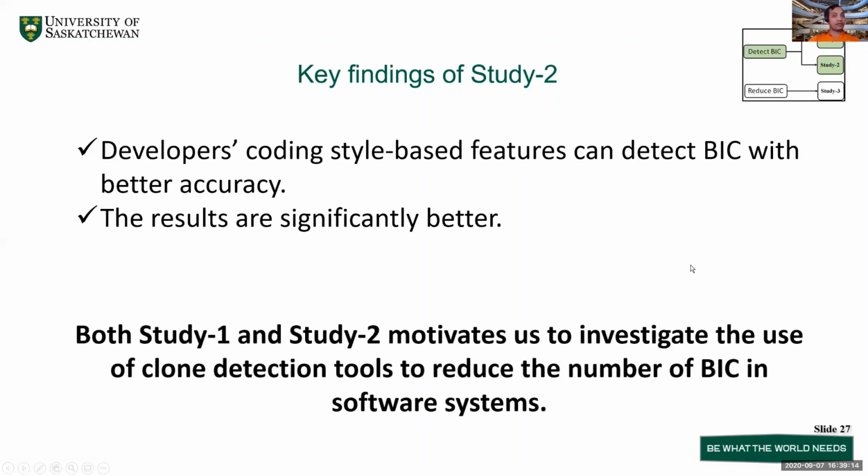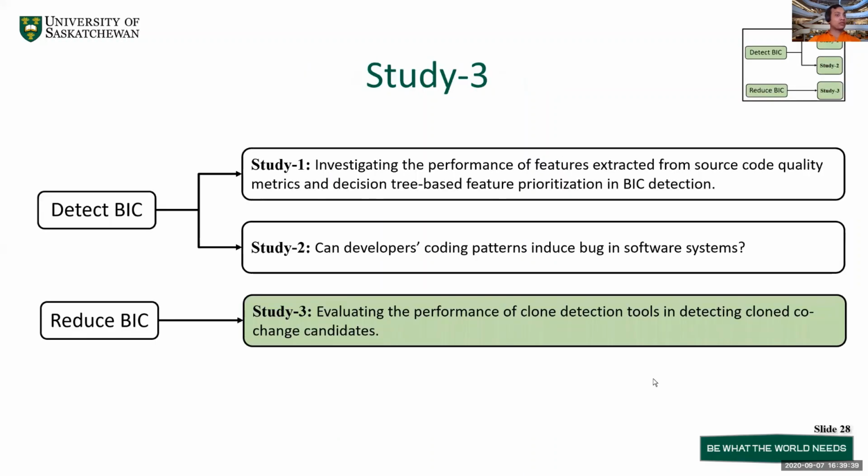And based on the results from the first two studies, I got motivated to do the third study, where the intention is to explore how we could eliminate or reduce the number of occurrences of bug-inducing commits.